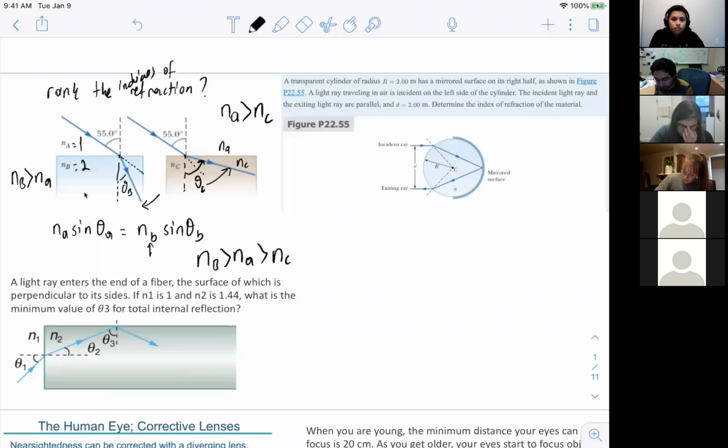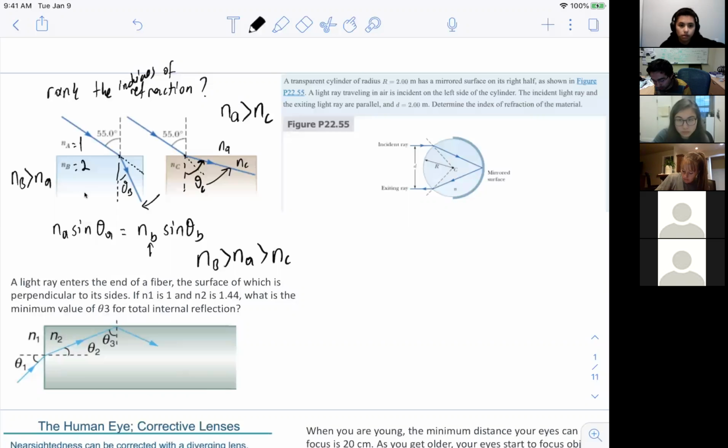For the second one, I'm going to the fiber problem. A light ray enters the end of the fiber, the surface of which is perpendicular to its side, which means it's cylindrical.